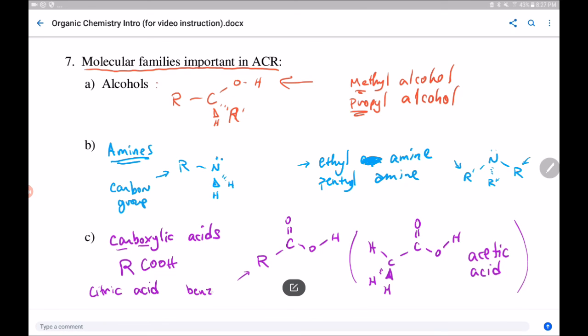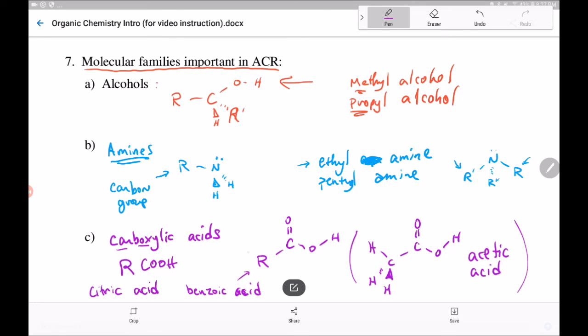Benzoic acid, you should remember from sophomore year. Benzoic acid, you can imagine must have a benzene ring here as the R group. And so that's where the name, if you understand some of the basic names, it helps you understand the structures.